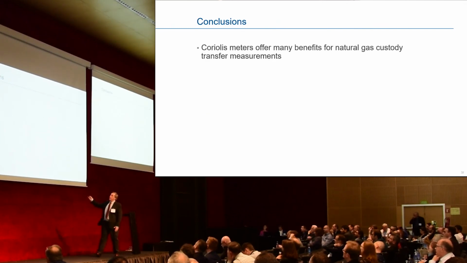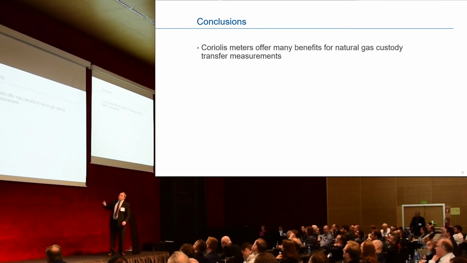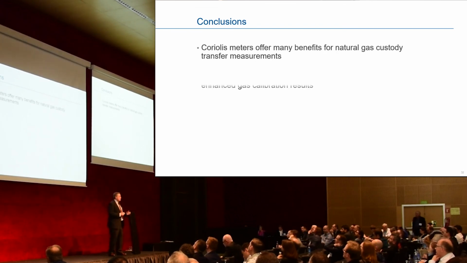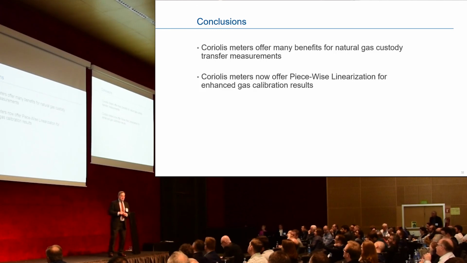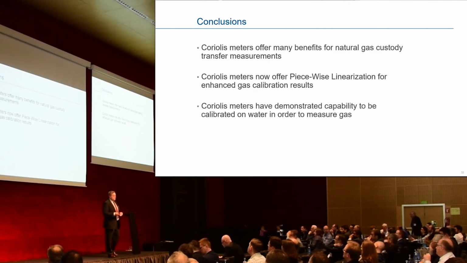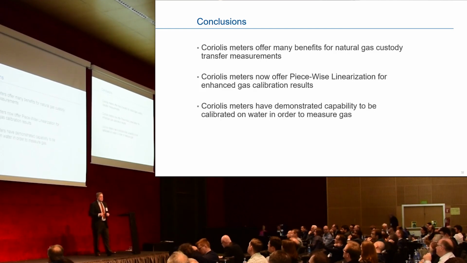So to wrap up, Coriolis meters do offer many benefits that you should consider for gas flow measurement. The meters have the option for water or gas calibration if you want to measure gas. But more importantly now, if you want to measure in gas, you can achieve very good accuracy relative to the lab by doing this piecewise linearization, and our round-robin testing has demonstrated that.